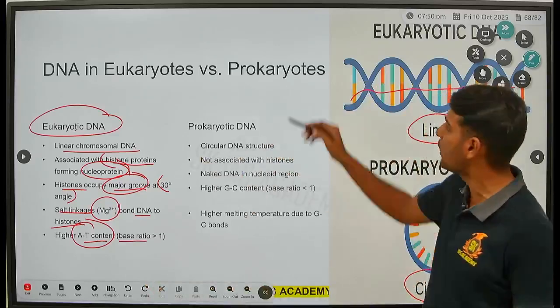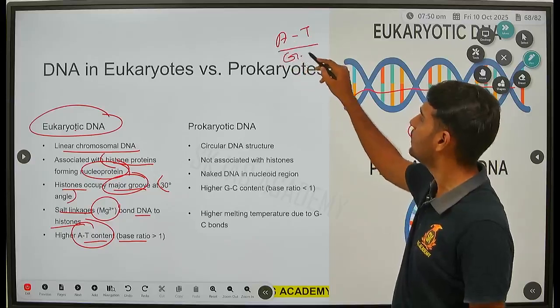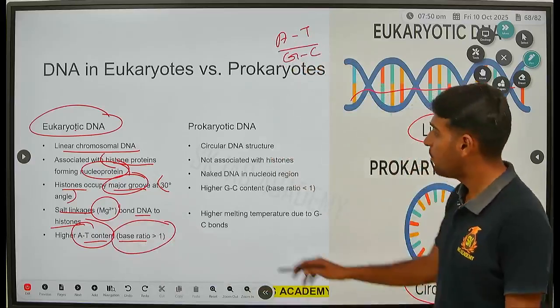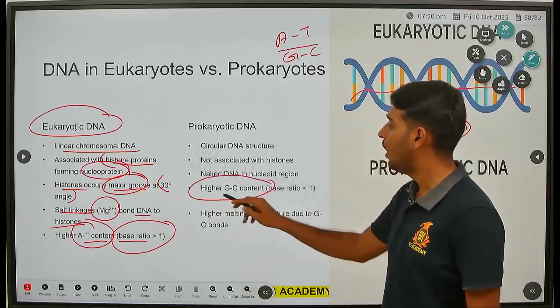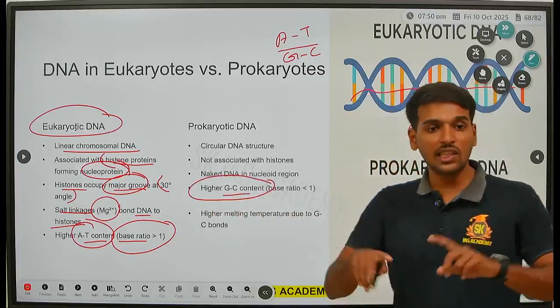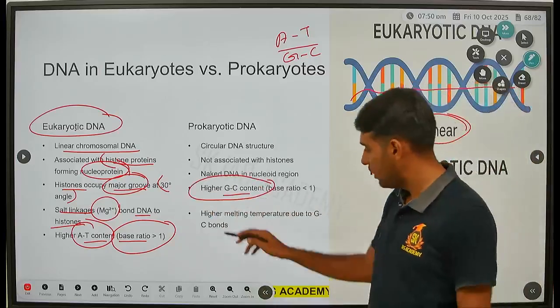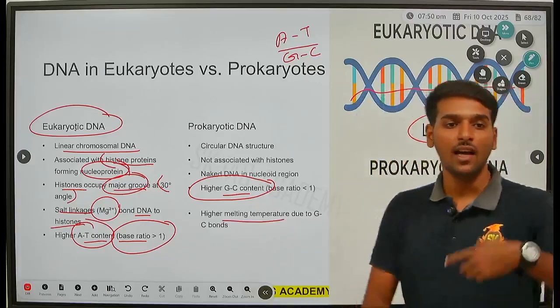What is base ratio again? AT content divided by GC content. So the value is greater than 1. But in case of prokaryotic DNA, what is more? Higher GC. When GC is more, melting point is also more. Yeah, the melting temperature due to GC bonds is higher.